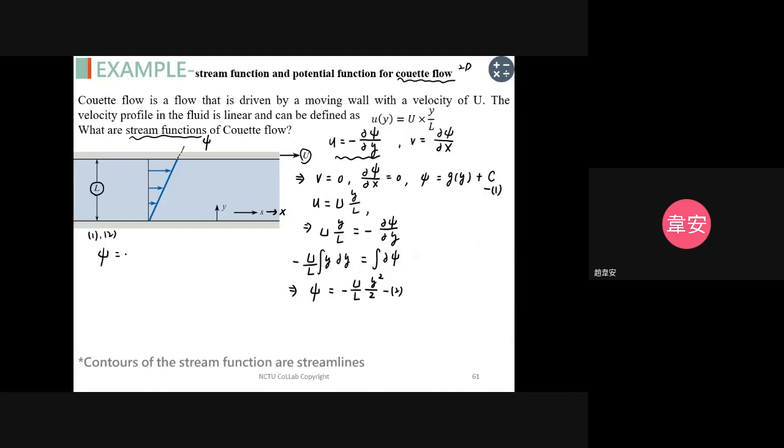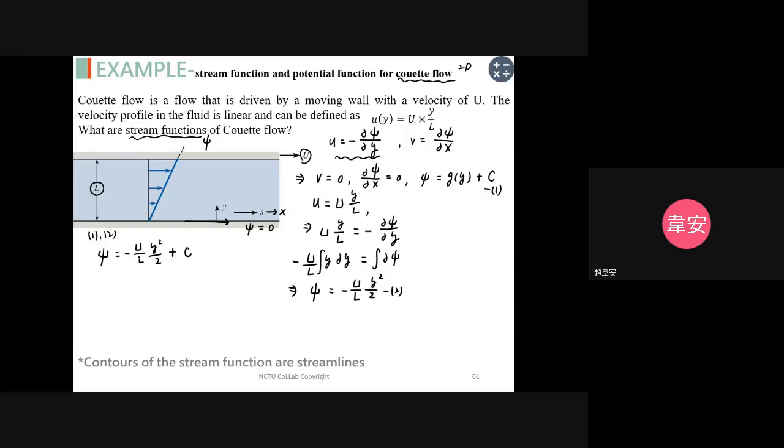So we have minus u over L, y squared divided by 2, and also the additional constant value. Then we assume the stream function on the bottom is equal to 0.